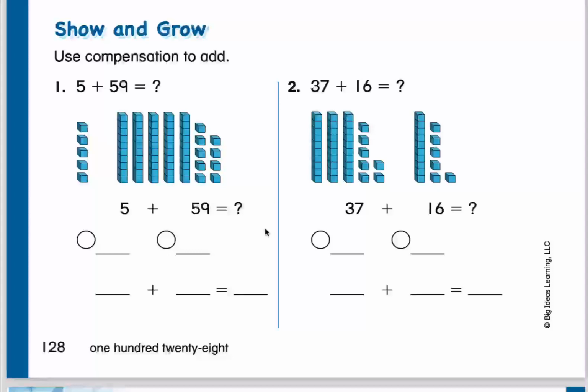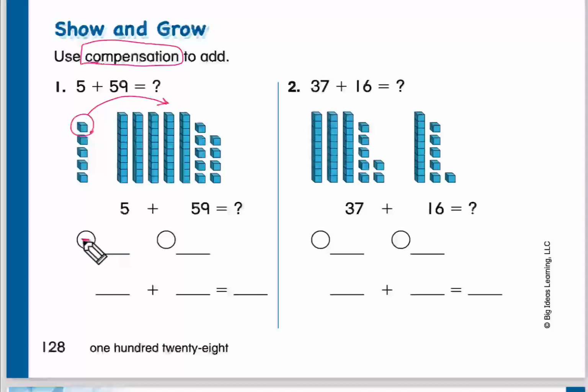Ibrahim Al-Abdal? Yes, teacher. Okay, we have here 5 plus 59. We need to use compensation to add. Which one of the two addends is near to a decade number? 59. How much do we need to add to 59? Plus 1. So we take 1 from the 5 and give it to the 59.